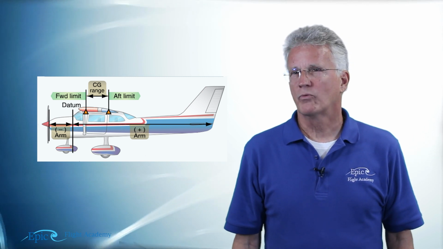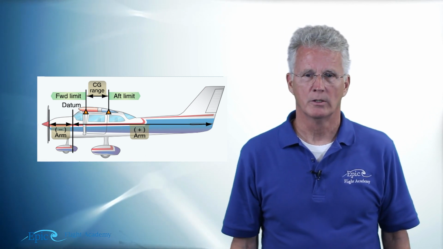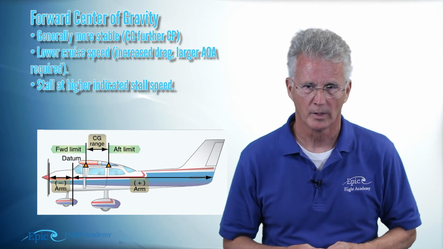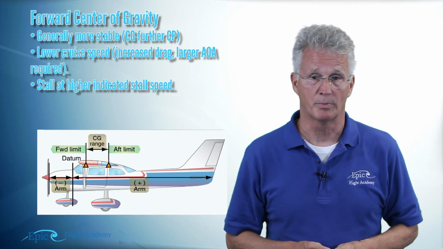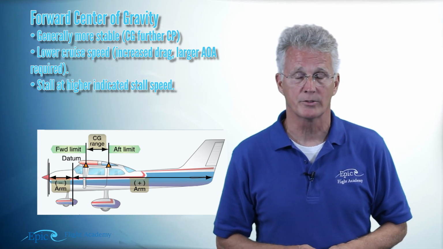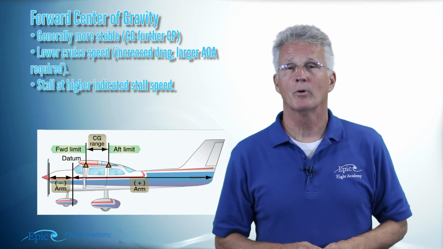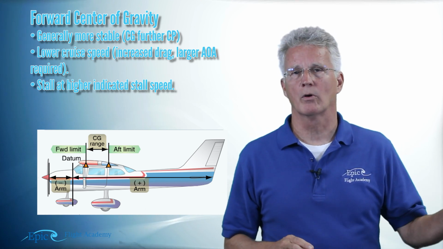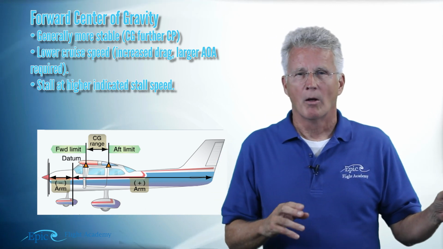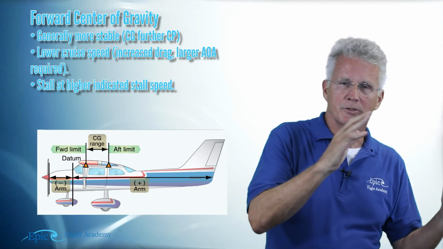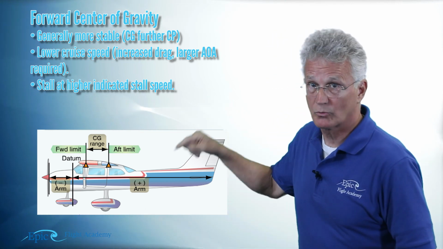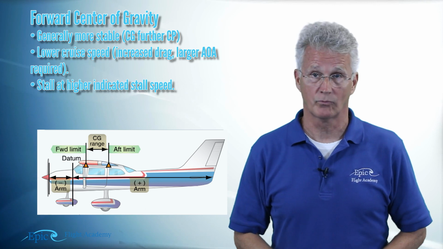Well, with a forward CG, the aircraft is generally more stable, it'll have a lower cruising speed, and it will stall at a higher indicated airspeed. Remember, with the CG forward, there is more of that pitch down moment, which requires a stronger tail down force.